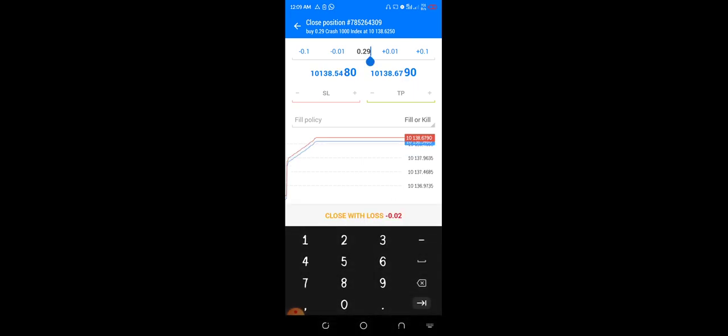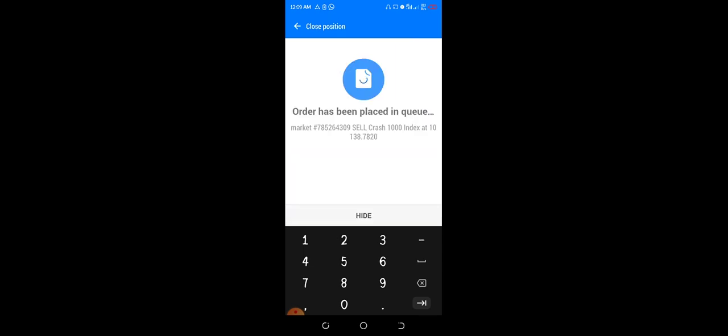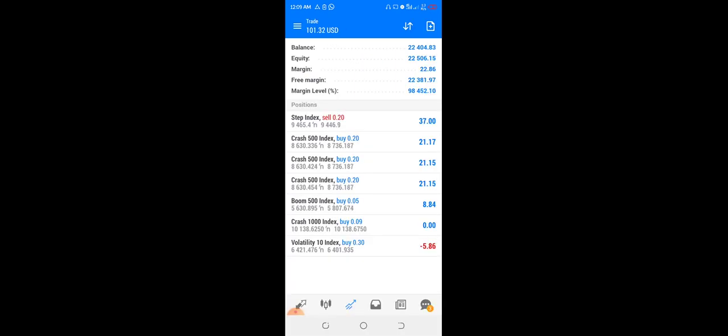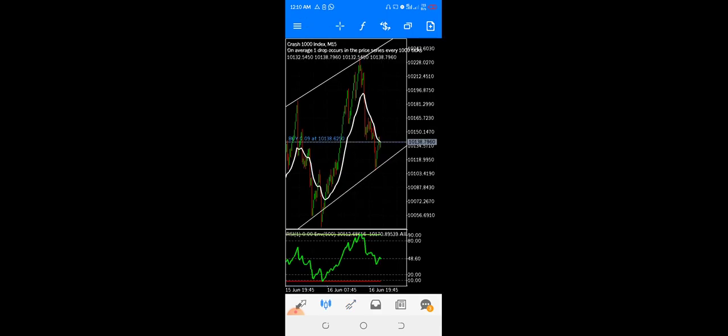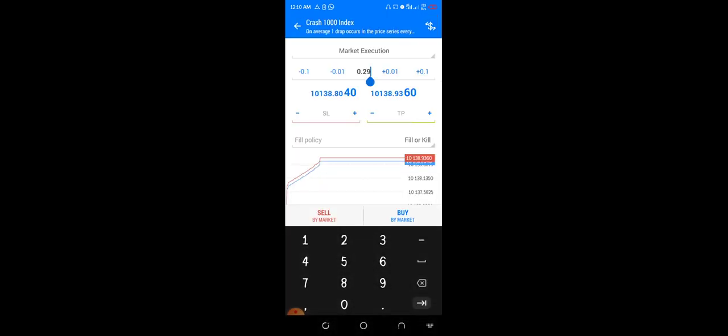As you can see here, it is displaying here, and then you go as though you want to close the trade, and you delete the 2 in front of the 9, and then you close the trade. And as you can see, guys, the market is indicating 0.09.